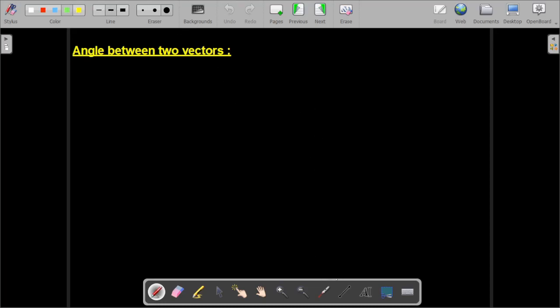Suppose these vectors A and B are from the same beginning point.